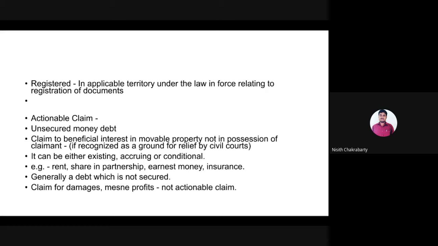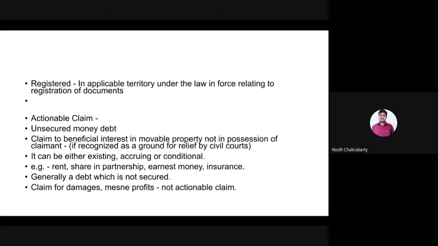The literal meaning would be that if I have the car and I am possessing it, I'm driving it every day to the office, that is actual possession. But if I have given my car to someone else, or I went to Goa and I kept the car in the airport's parking, though the car is not in my actual possession, it will be deemed that it is in my possession.